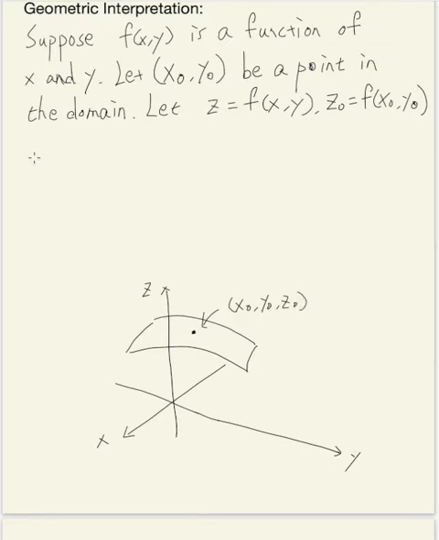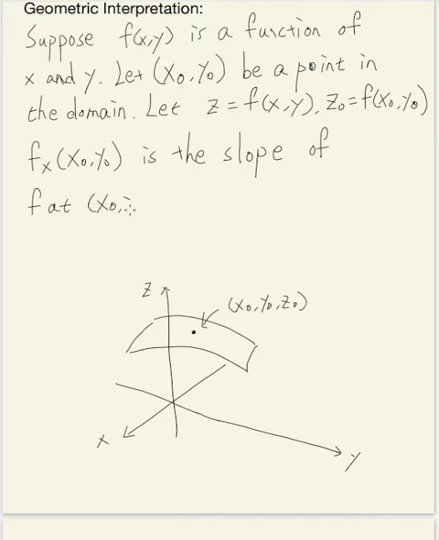Then what is f sub x evaluated at x naught, y naught? This is the slope of f at this point x naught, y naught in the x direction.